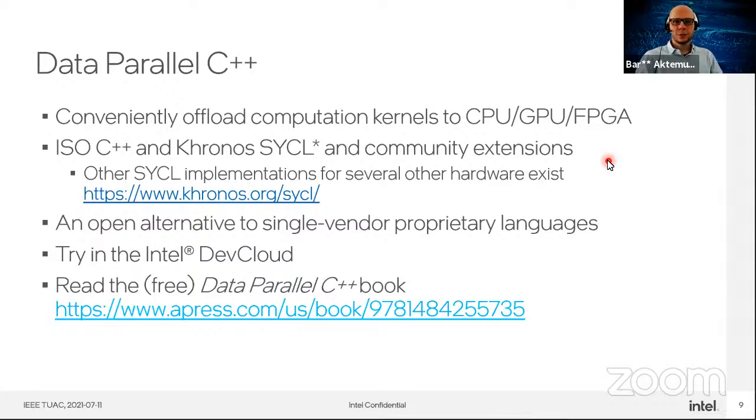And I'm not going to name any names, but when I say a single vendor proprietary language, I believe it's clear what is meant. It's possible to try out DPC++ using Intel DevCloud just for experimentation, or there is the Data Parallel C++ book. Both are freely available.